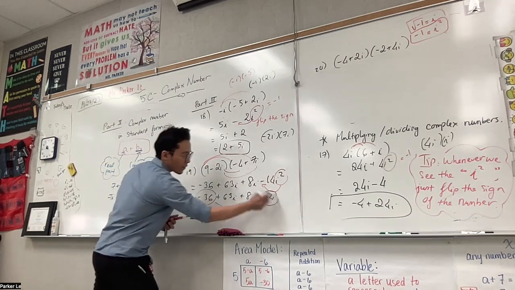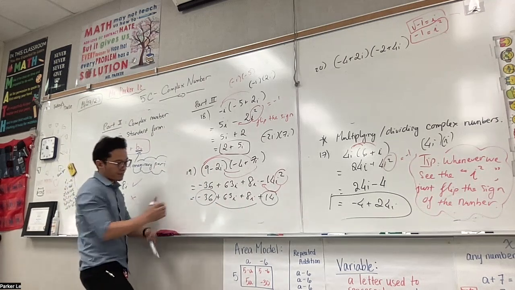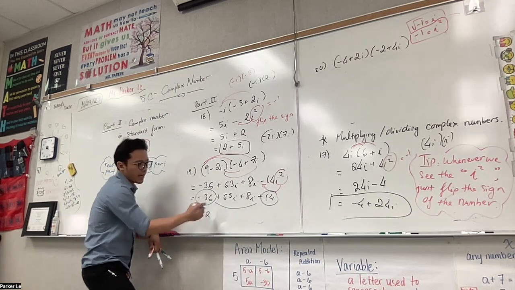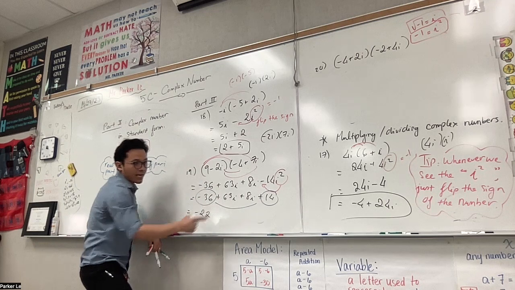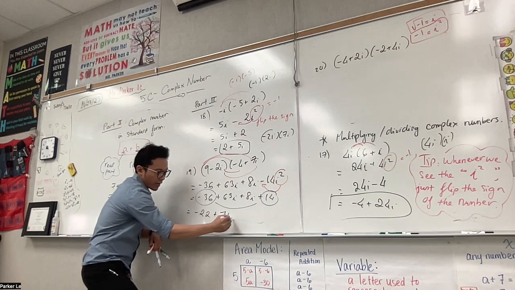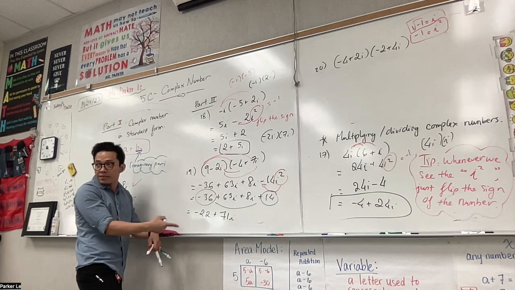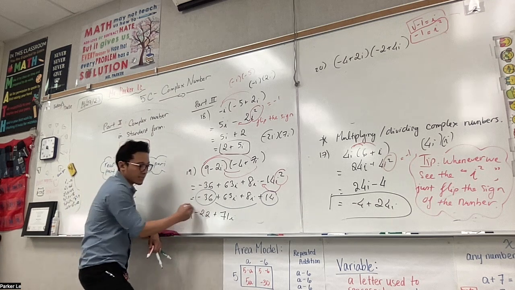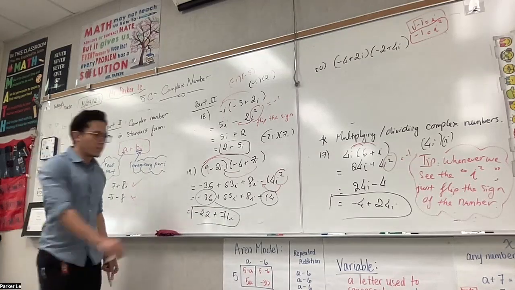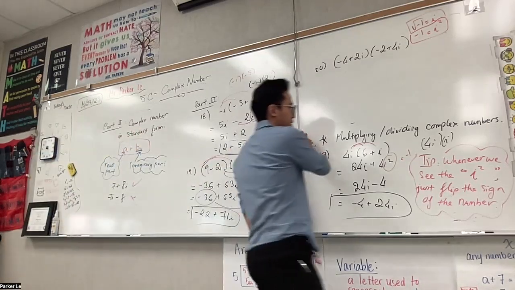Negative 36 goes with 14, which is negative 22. And then negative 63i plus 8i is negative 55i. Is that already in standard form? Yes, that's the answer. It's not that bad, right? You just need to take care of the i squared.